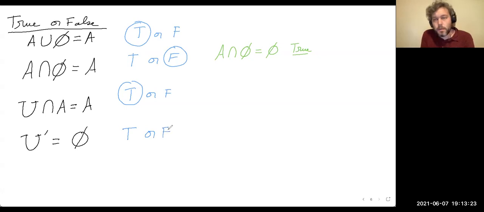True or false? Is the complement of the universal set the empty set? Oh, I see something in the chat. Joe says that's true. I think it's true. The thing outside, if you take all of the elements and you throw them away, you're left with no elements. That would be the same thing as the empty set. So I believe that that is also true.